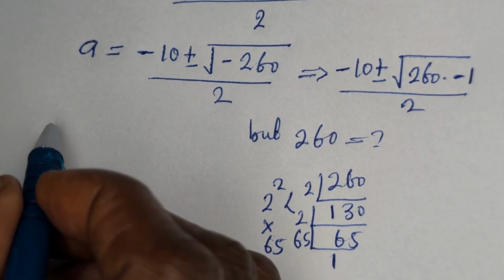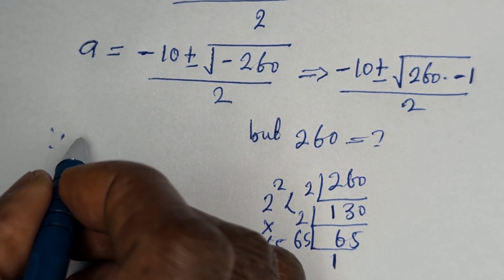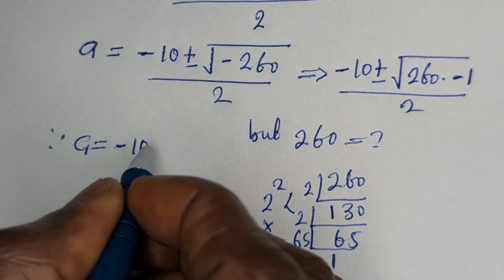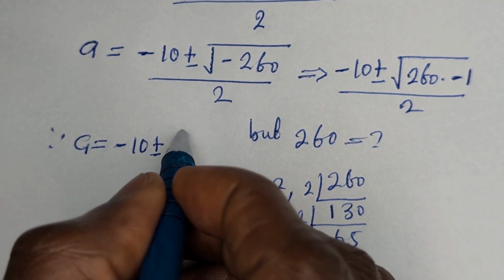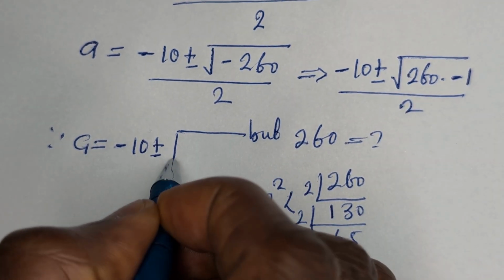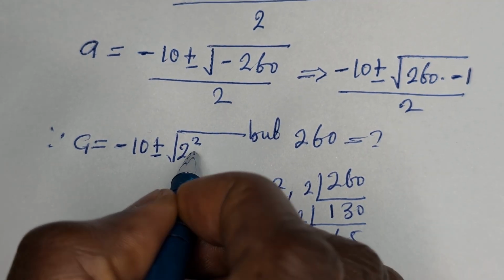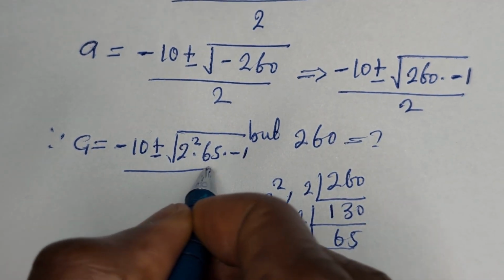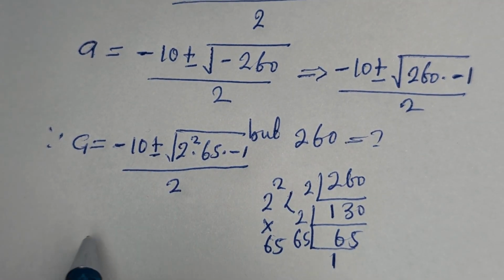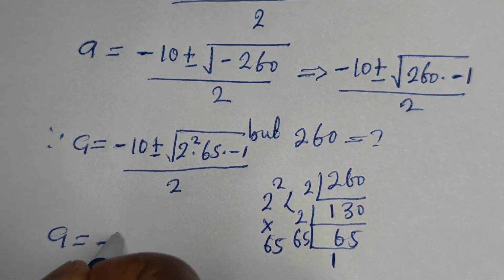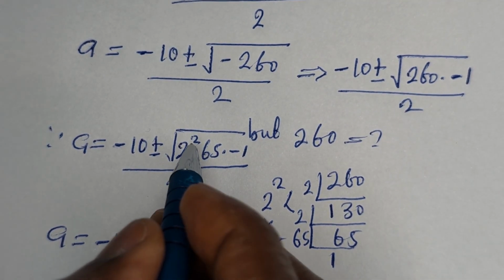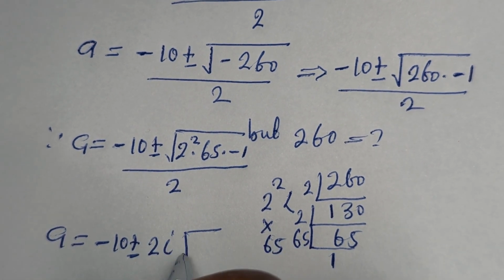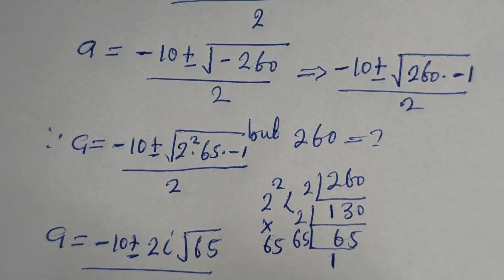Therefore, here we have a is equal to minus 10 plus or minus square root of 2 square multiplied by 65 multiplied by minus 1 over 2. Then a is equal to minus 10 plus or minus square root of 2 squared, that is 2. Square root of minus 1 is i. Then root 65 over 2.